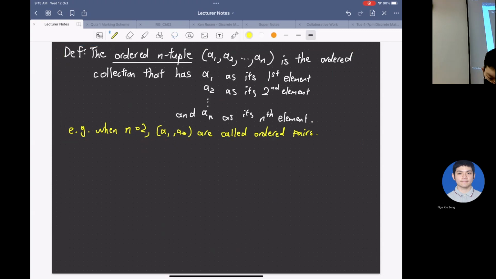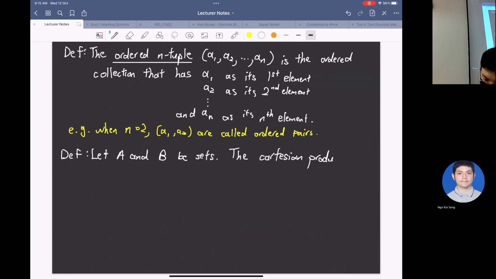Okay, so let's define the product. The product we are defining is called the Cartesian product. So we introduce the Cartesian product of two sets A and B. Denoted by A cross B, it is still a set.